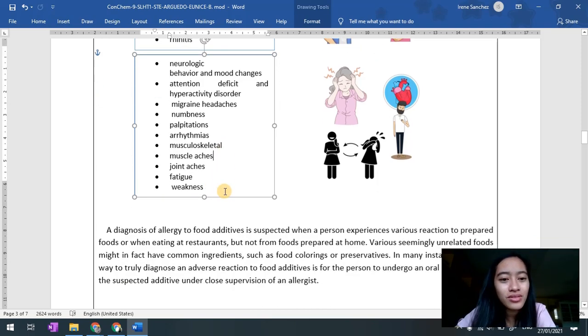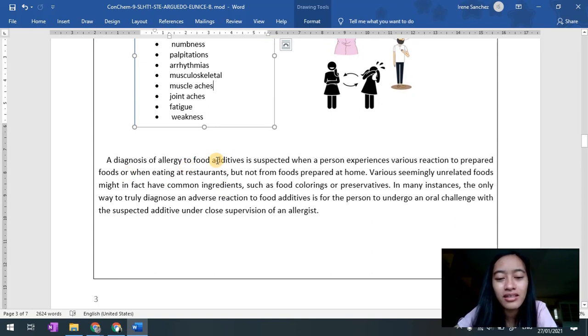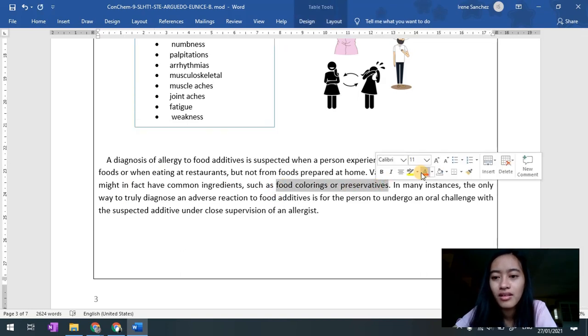Okay. Diagnosis of allergy to food additives is suspected when a person experiences various reactions to prepared foods or when eating at restaurants, but not from foods prepared at home. Various seemingly unrelated foods might in fact have common ingredients such as the food coloring or the preservatives.